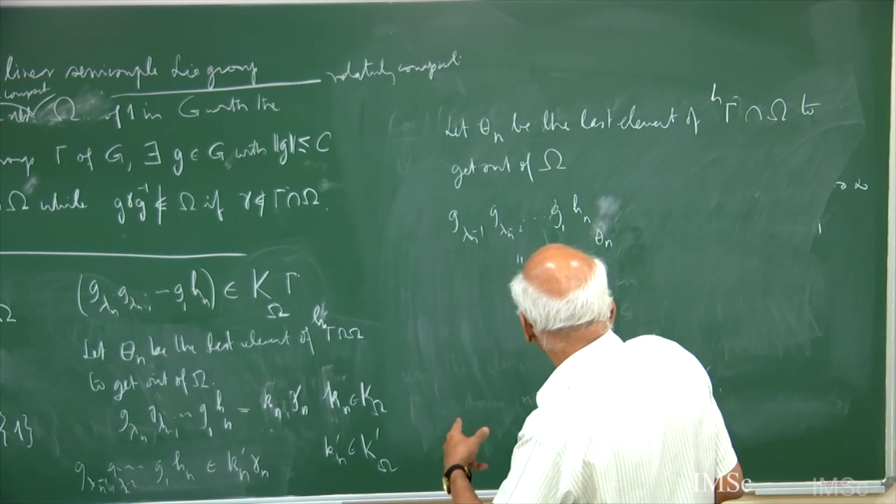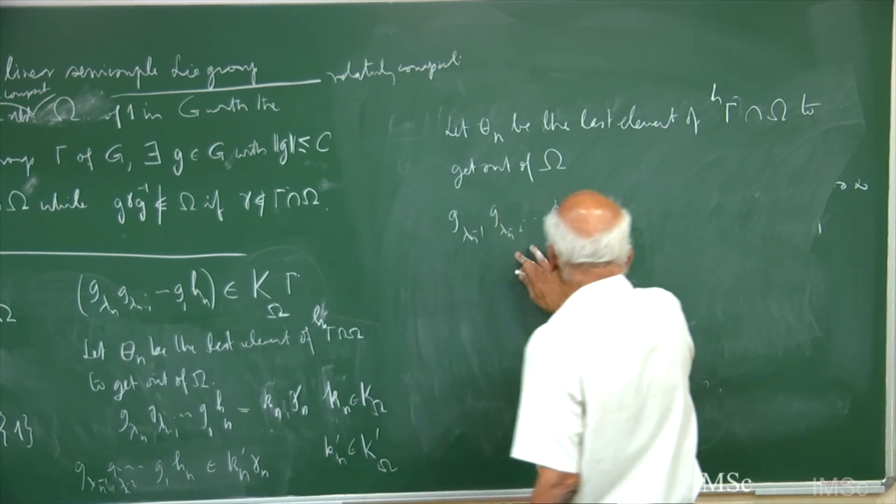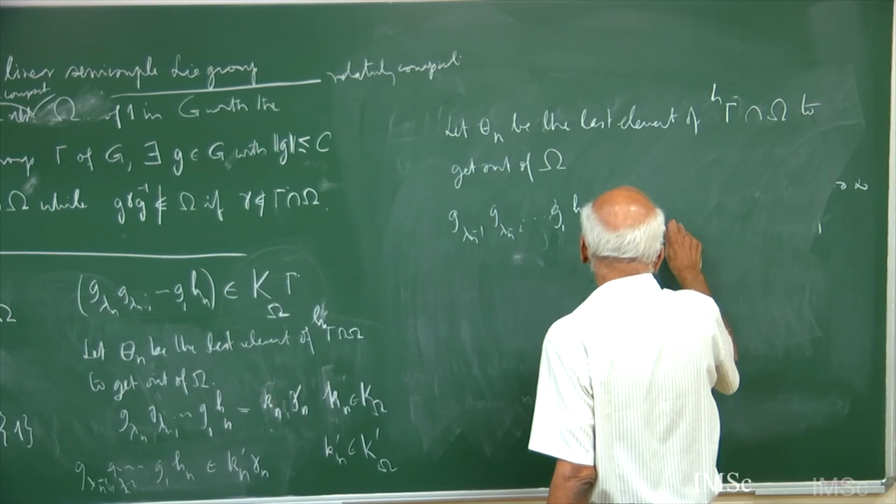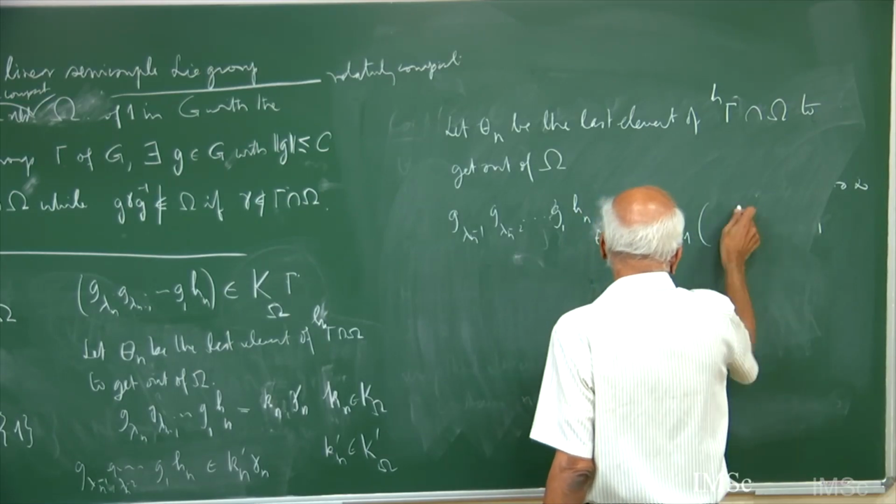The last one to get out is theta n, this is still in some omega 1 contained in omega naught.